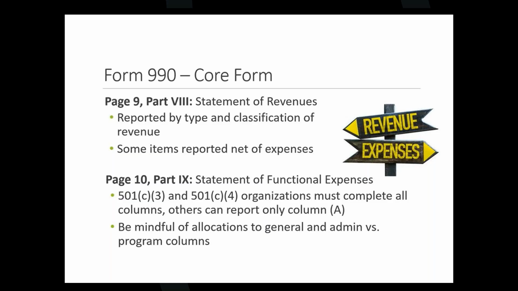In addition to natural categories such as salaries, professional fees, and office expenses, those organizations listed would have to break out how they're related to program, management, and fundraising. This is a section that we'll talk about multiple times throughout our presentation today. It's important to be mindful of the allocations to general and admin versus programs, and we'll discuss some benchmarks to look out for during review of the Form 990.